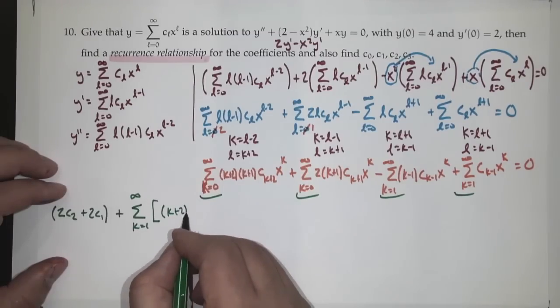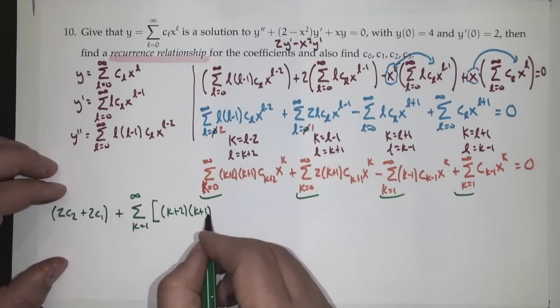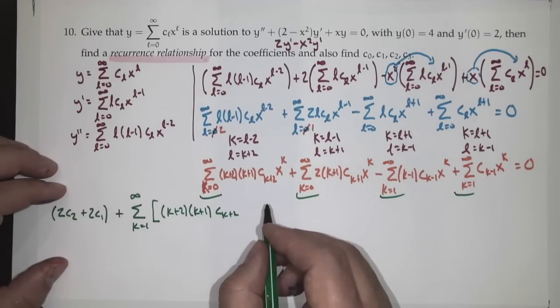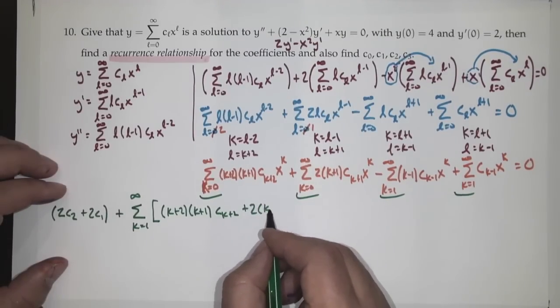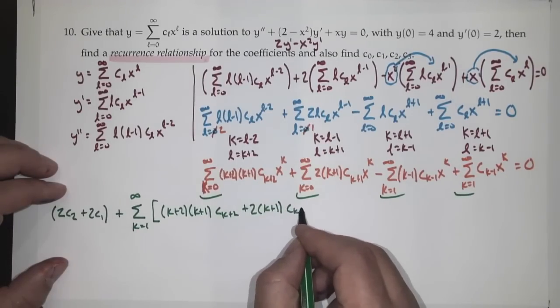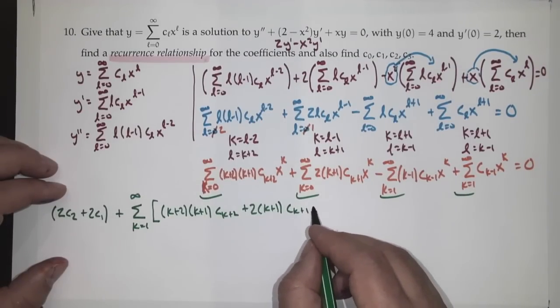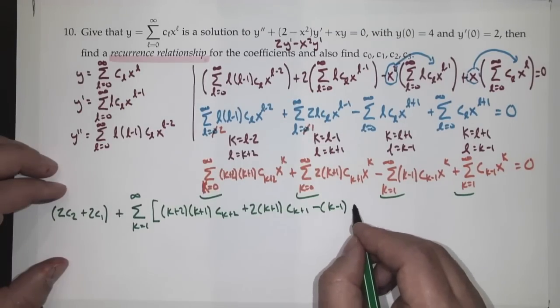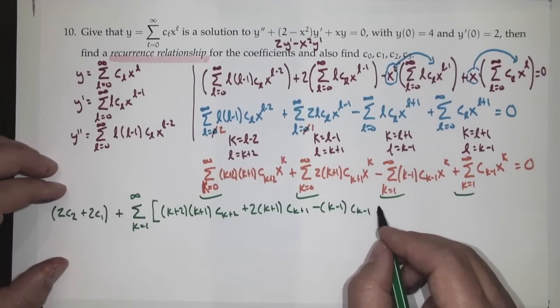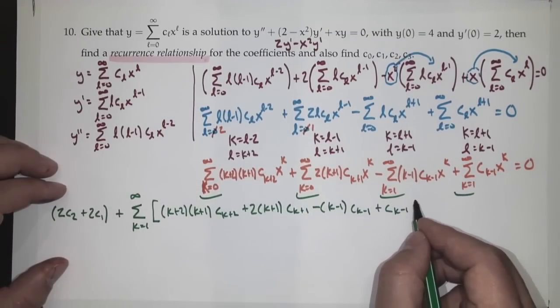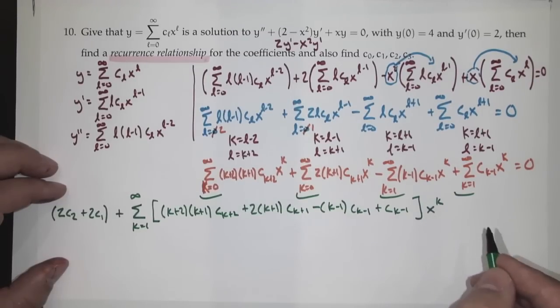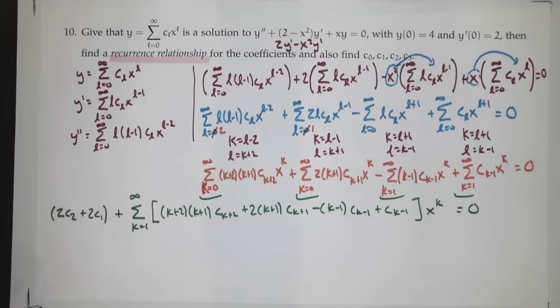So we have K plus 2, K plus 1, C sub K plus 2, plus 2 times K plus 1, C sub K plus 1, minus K minus 1, C sub K minus 1, plus C sub K minus 1, x to the K. So we pulled off some starts so that everything else could start at 1. Then once everything started at 1, just smooshed it all together.